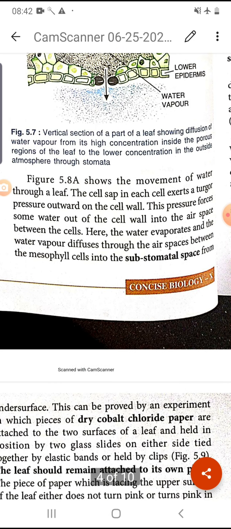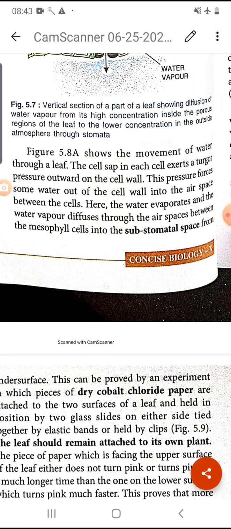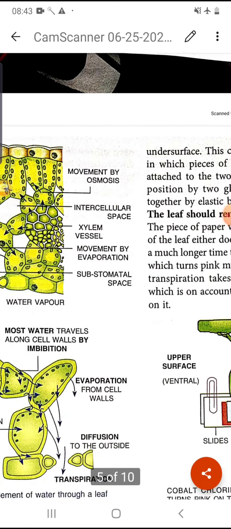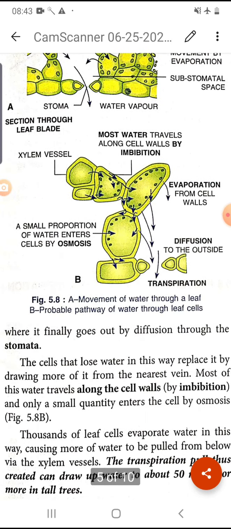That means in each mesophyll cell, through the turgor pressure, some of the water comes out into the intercellular spaces, or the air space between two cells, and from there it forms water vapor and diffuses out through the air spaces between the mesophyll cells into the substomatal space, from where it finally goes out by diffusion through the stomata.